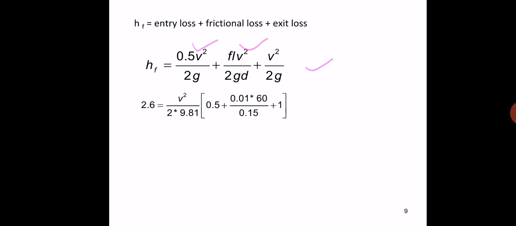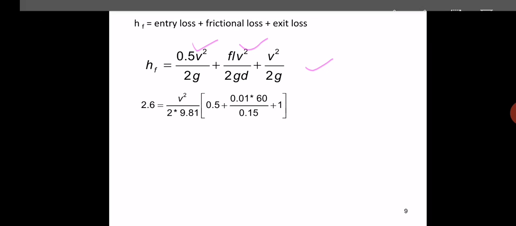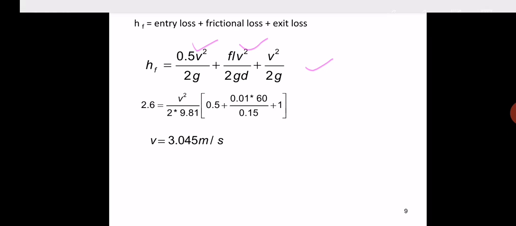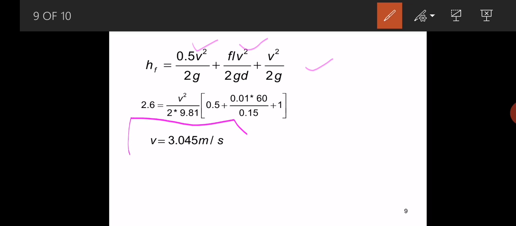Here we have to substitute the values. hf is equal to 2.6, which he has given in the problem. Substituting the above values in this formula, we get V is equal to 3.05 meter per second. This is the mean velocity of the flow, 3.045 meter per second.